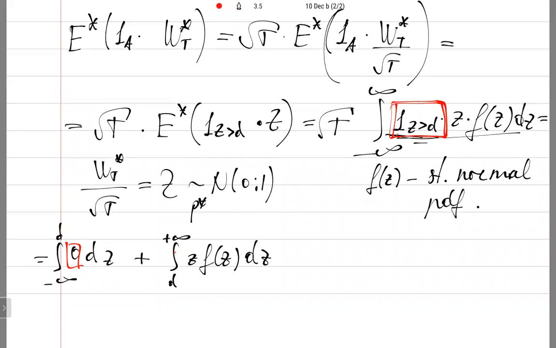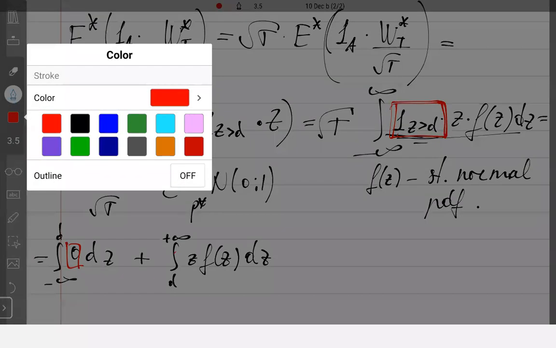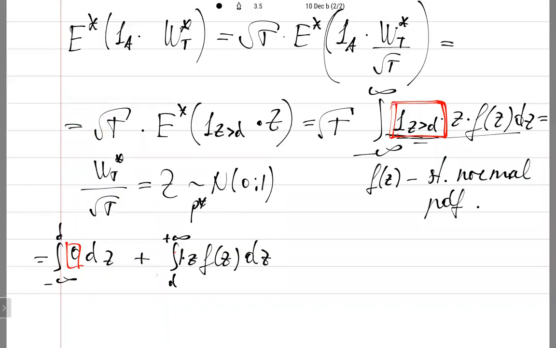Okay, now I think we can do this integral, no problem.